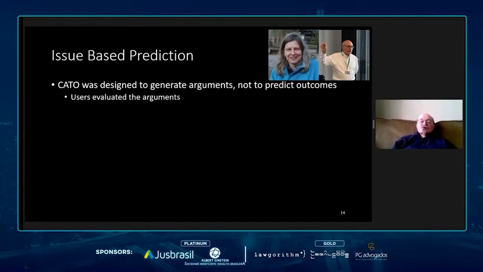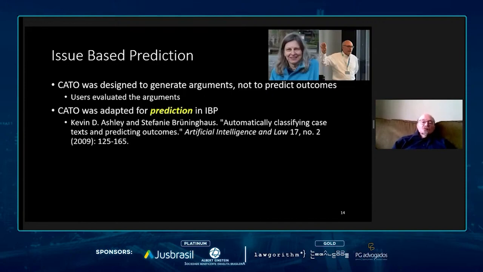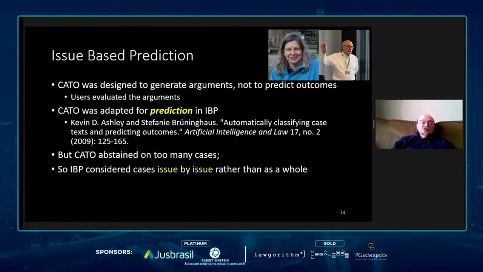The user evaluated the argument. But when CATO was adapted to prediction by Stefanie and Kevin, they found that it abstained on far too many cases. It was considering irrelevant distinctions, like the unique product in the example earlier.